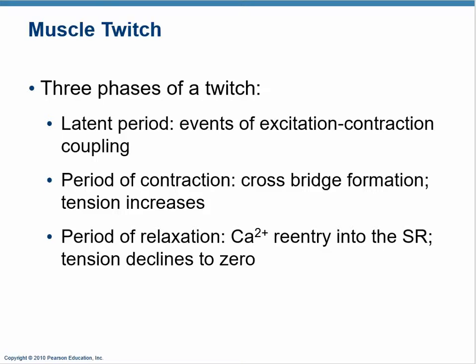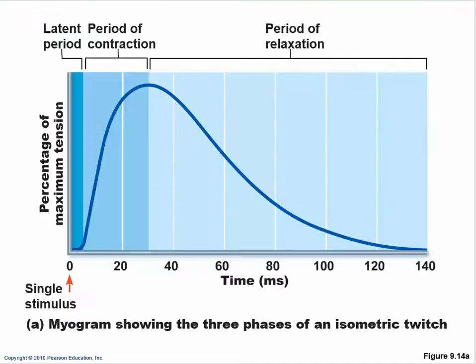So the force of contraction increases, and then as the calcium gets pumped away, fewer and fewer cross bridges form, so the force of contraction decreases. When we look at it, it's a graph like this, with a latent period where there's no contraction, a period of contraction where contraction is increasing, and a period of relaxation where contraction is decreasing.